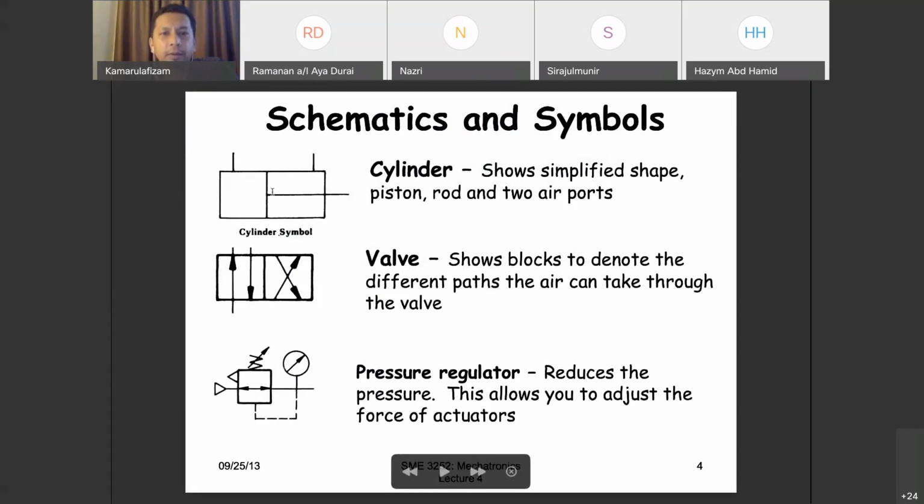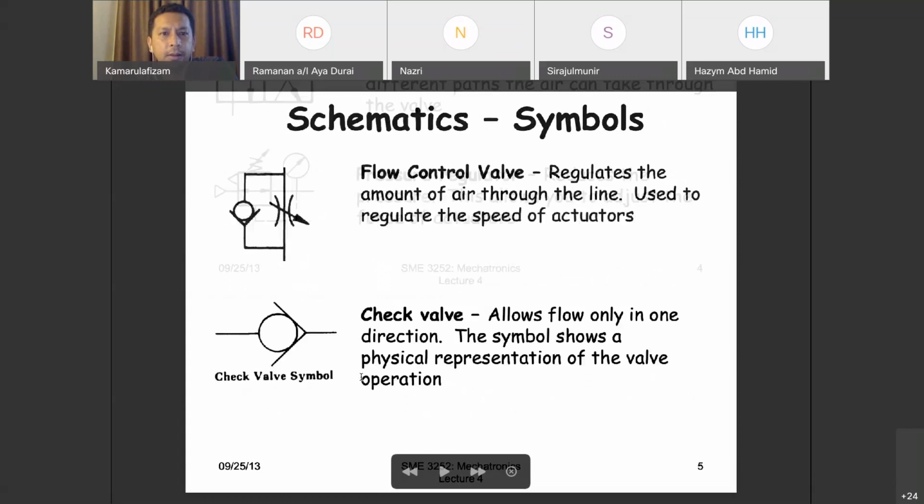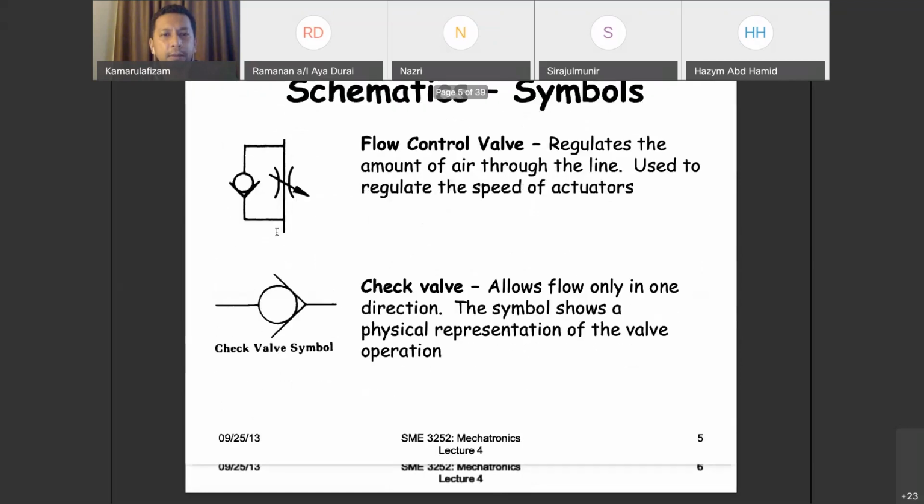Macam ni symbol of cylinder, this is symbol of valve. Okay, this is symbol of pressure regulator, flow control valve, check valve. So dalam litar pneumatic ataupun hydraulic, you will basically use this symbol lah. So that kalau orang lukis, you tahu bila you nampak symbol macam ni, apa benda sebenarnya. So you tahulah. Alright, this is the symbol.